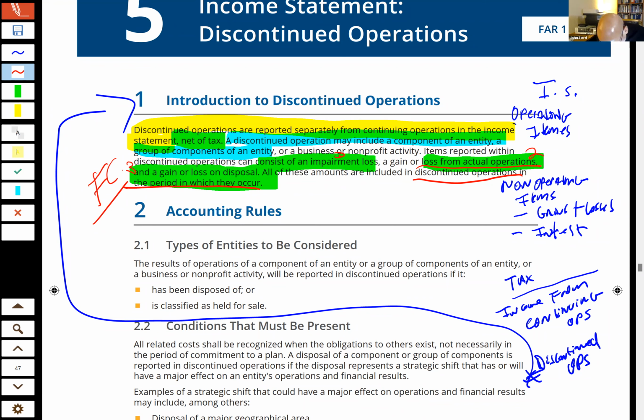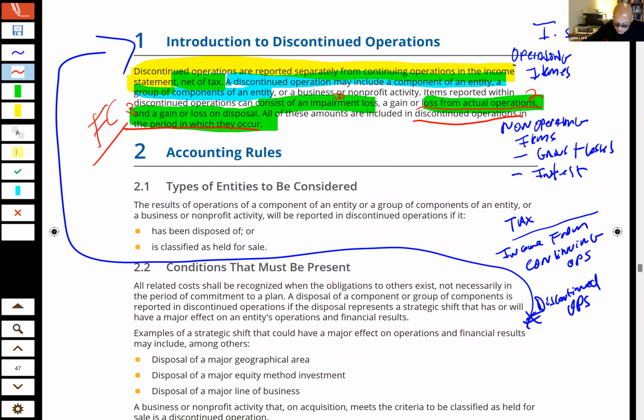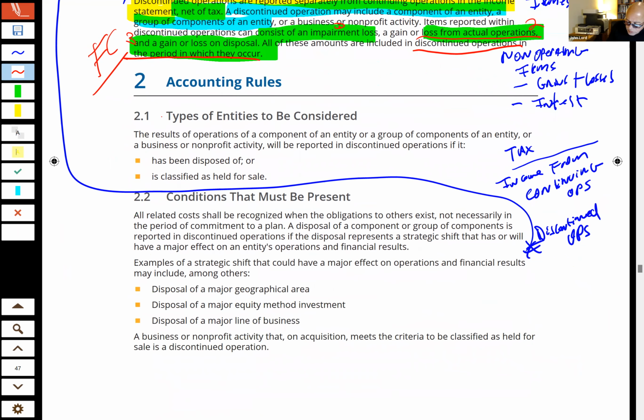Okay. Now, so when we're talking about discontinued operations, we can use the mnemonic right here. What for the discontinued operations? Use the mnemonic LID. The loss from operation, the impairment loss, and what?